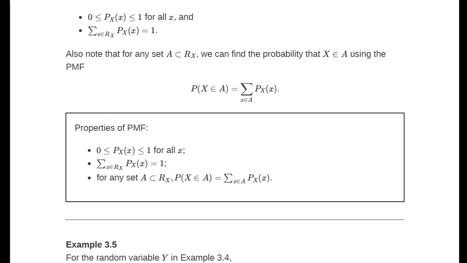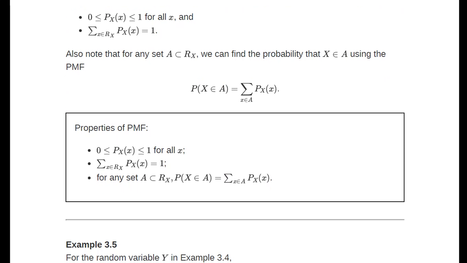Also note that for any set A that is a subset of the range of X, we can find the probability that X is an element of A using the PMF: P(X in A) equals the summation of P_X(x) over x in A. Properties of the PMF: P_X(x) must be between 0 and 1 for all x. The summation of all probabilities must equal 1.